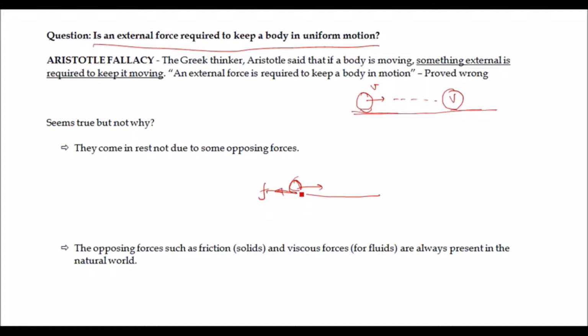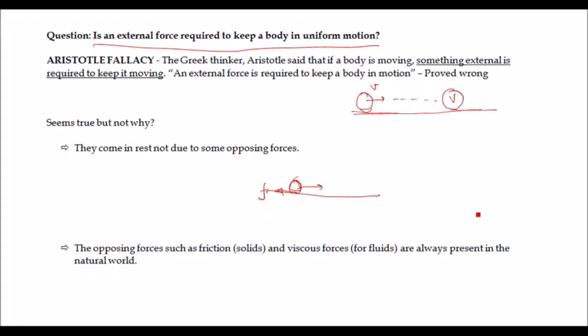And similarly, if an object is dropped in a fluid or in air, there are some viscous forces always present in the natural world, and because of these forces the object comes to rest. So the object comes to rest due to some opposing forces, not by itself. So an external force is not required to keep it moving.